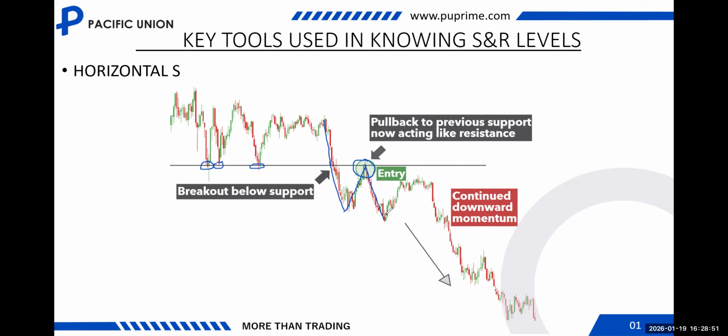And this is a powerful trading strategy. Don't forget the title of this webinar is How to Trade Smarter Using Support and Resistance for Profit. What I'm showing you is a very, very powerful strategy. Price breaks support, retests it as resistance, you make your entry, and then you see price crash literally downwards.